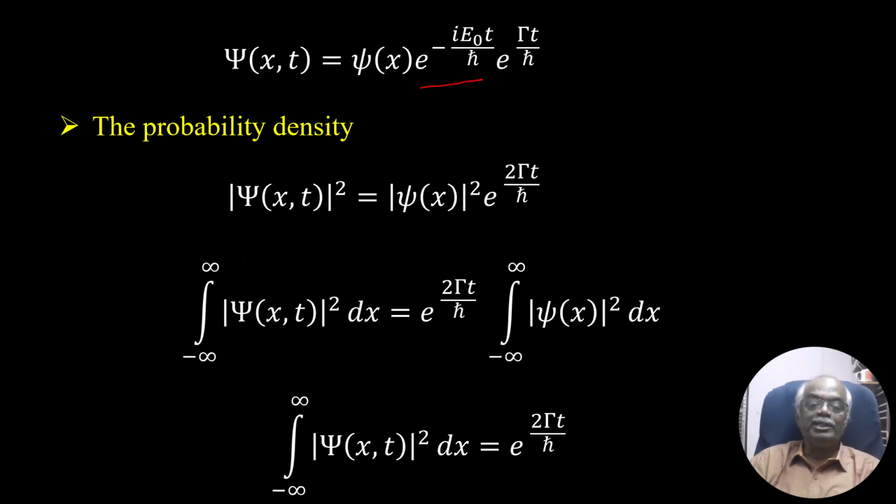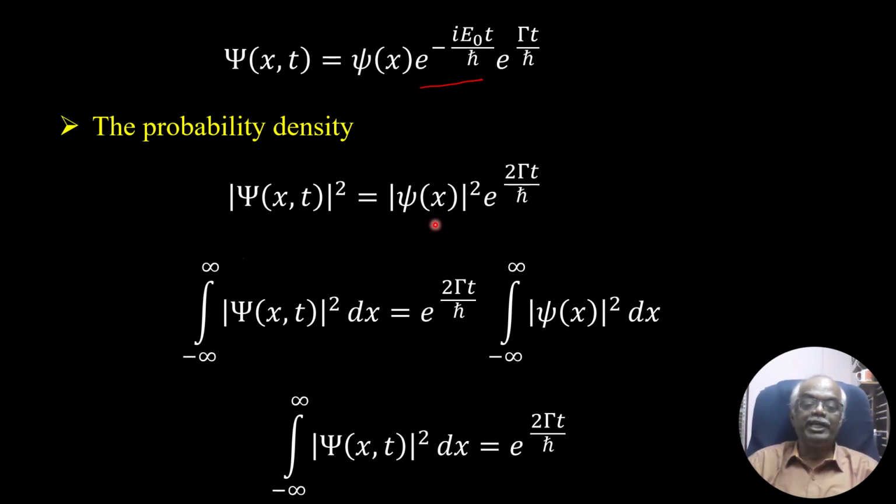If you take the complex conjugate of it, then the modulus square of the first exponential term will become 1. So naturally, the other two terms are retained. That is, the first term is modulus square of psi of x, then this will be 1. So the next one will be e power, if you square it, e power 2 gamma t over h cross.